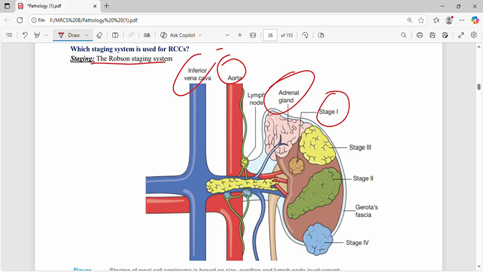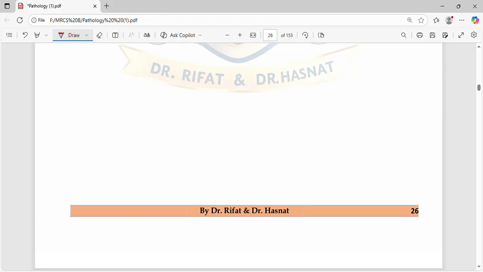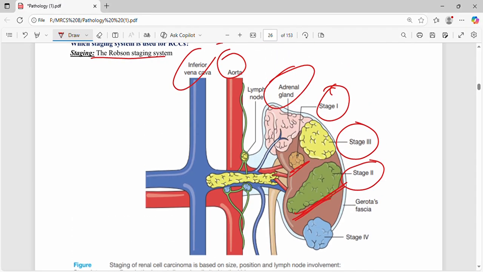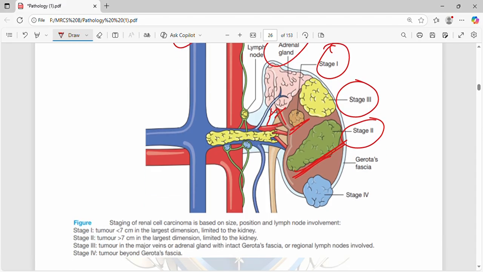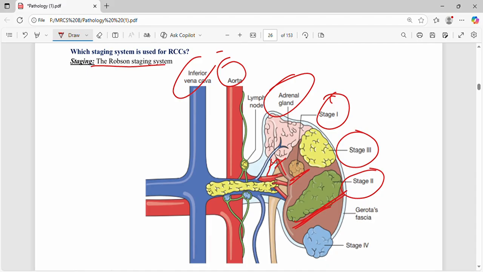Stage 1 is confined to the kidney and is based on size: less than 7 centimeters in largest dimension, limited to the kidney. Stage 2 is greater than 7 centimeters, limited to the kidney.